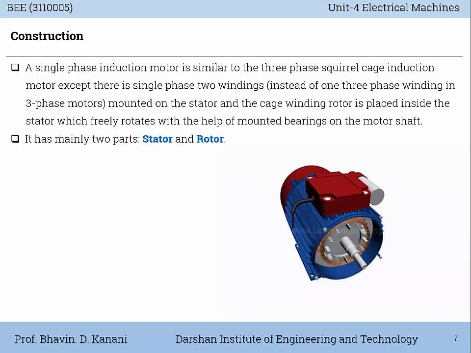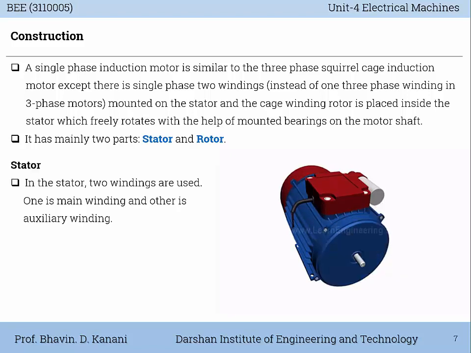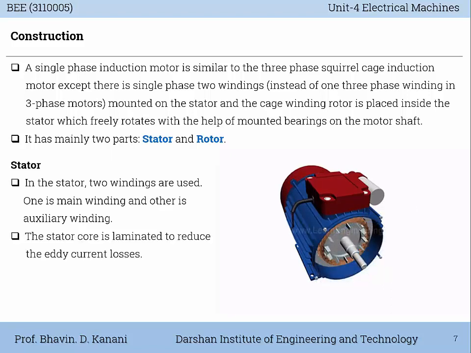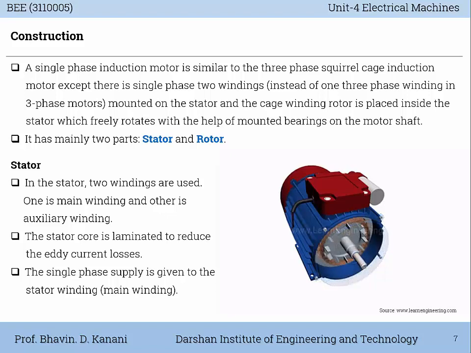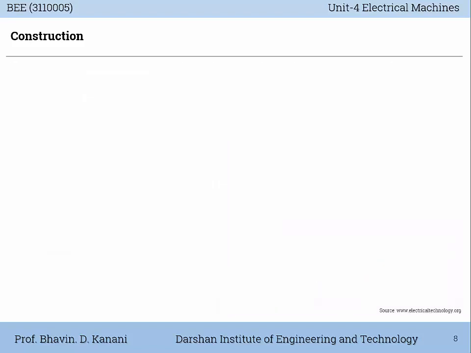It has mainly two parts, stator and rotor. Stator. In the stator, two windings are used. One is the main winding and the other is the auxiliary winding. The stator core is laminated to reduce the eddy current losses. The single phase supply is given to the stator winding, that means main winding.